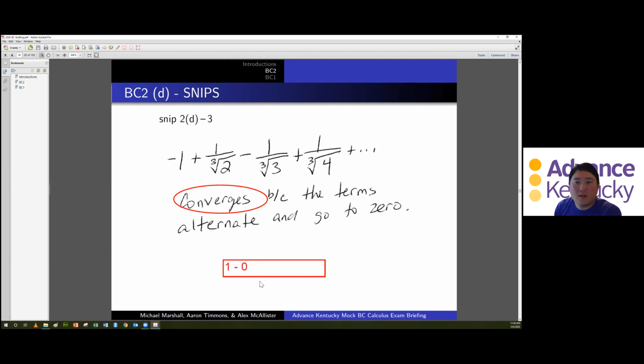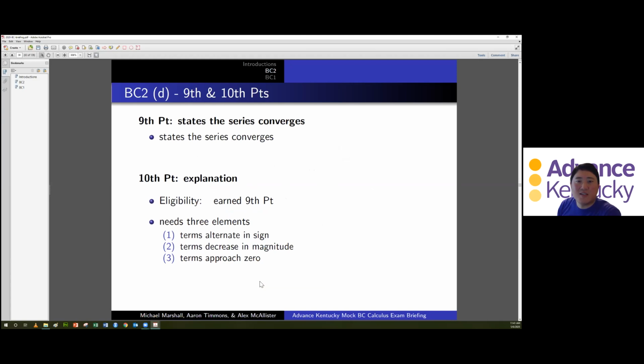We have a sample coming up that does that, and the terms decrease in absolute value. So if they're stating the two conditions for using the alternating series test, do they still need to state that the terms alternate in words? Yes.